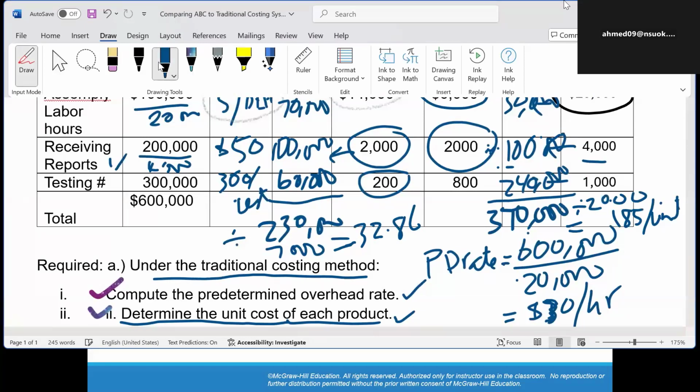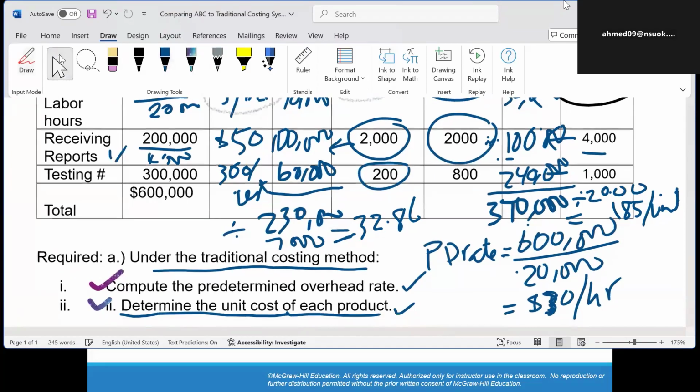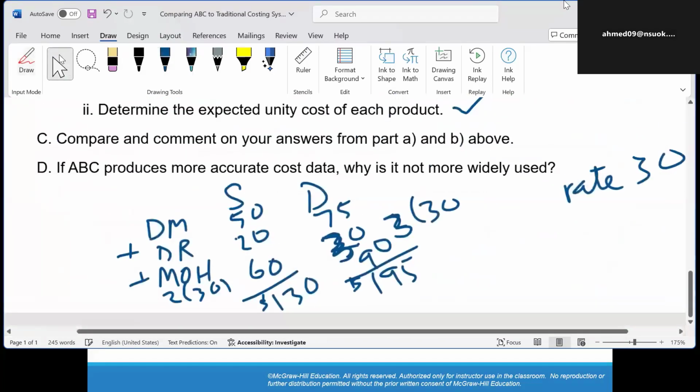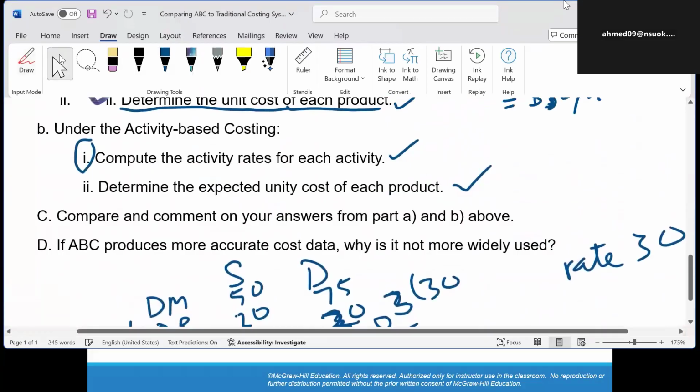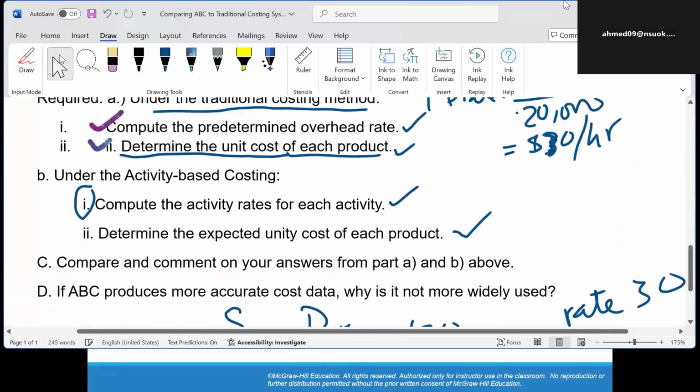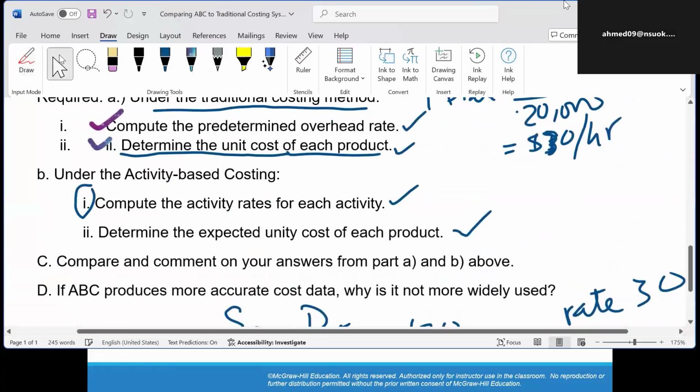So now we have to create the unit cost under the ABC. Let's do that.